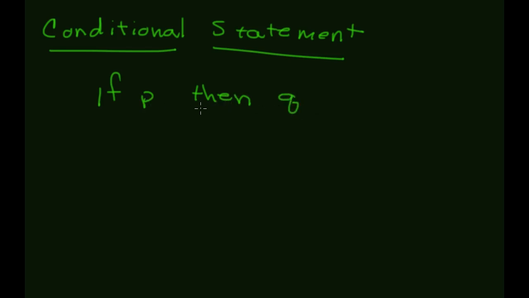So like if today is Tuesday, then tomorrow is Wednesday would be an example of a conditional statement. So we call the P part of the conditional statement a hypothesis. We call the Q part of the conditional statement a conclusion.